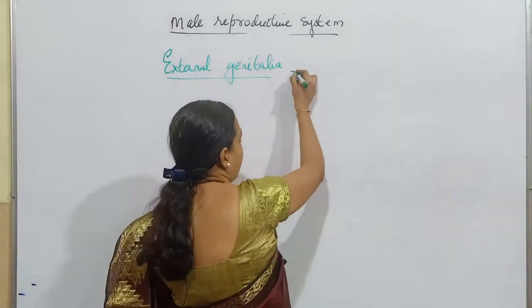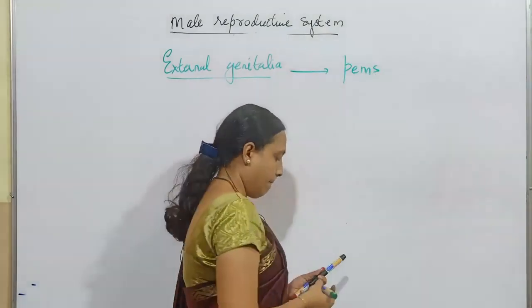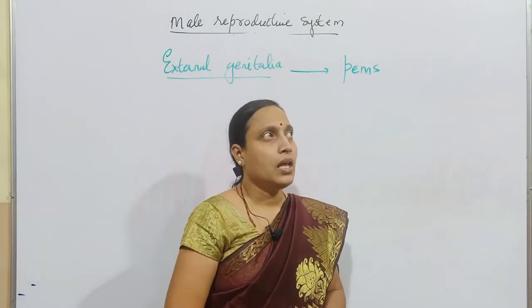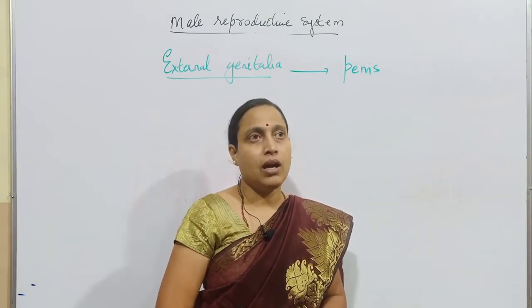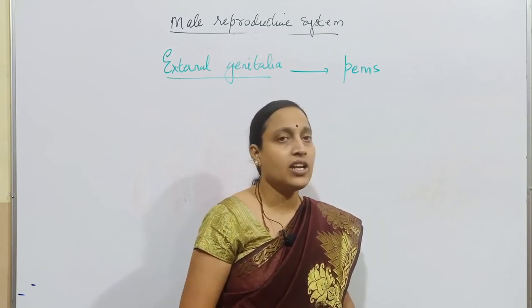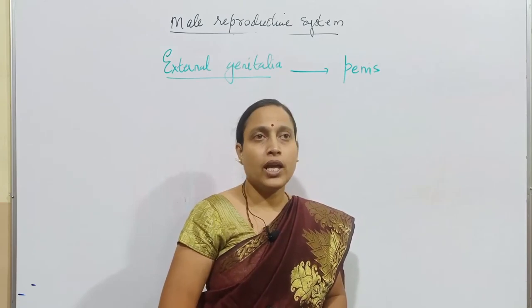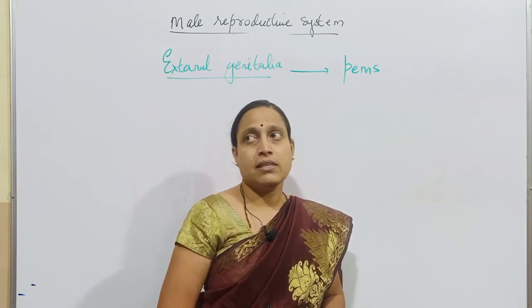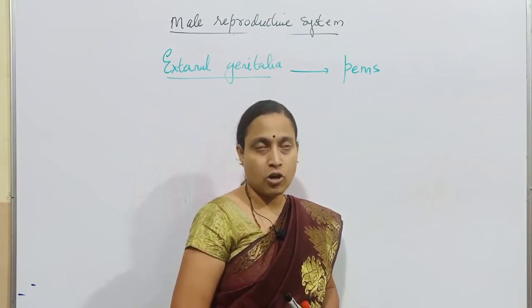It is called the penis, a copulatory organ through which occurs a phenomenon called insemination. You should know the difference between ejaculation and insemination. Ejaculation is release of semen outside the body, but insemination is deposition of sperms or semen into the vagina of the female.